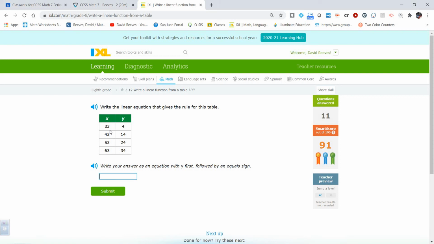Well, 33 minus 29 is 4, 43 minus 29 is going to be 14, 53 minus 29 is going to be 24. All right. Sure looks like I could just subtract 29 every time, right? Y equals x minus 29. Do we get the same answer when we do that? We sure do.